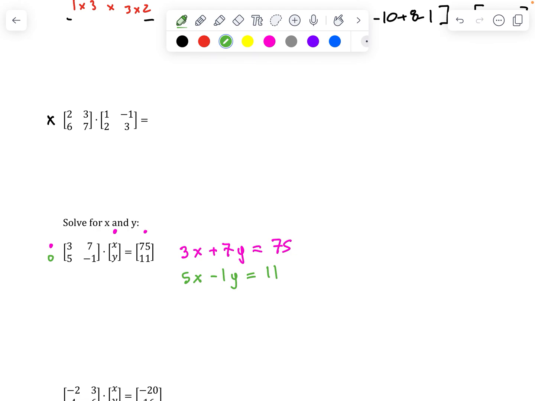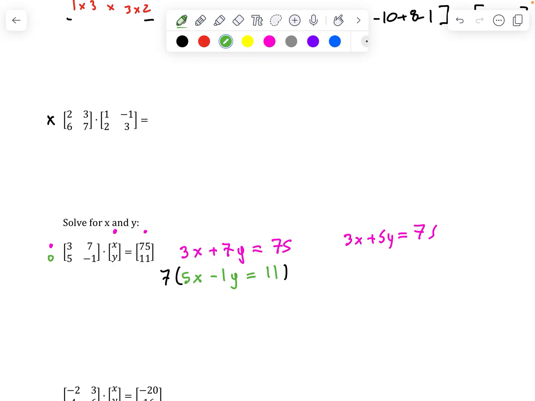Now we have a couple of different options for solving this. We are trying to make opposite numbers. I'm probably just going to multiply the second equation by 7. And I get something like, leaving this one here, 3x plus 7y equals 75.